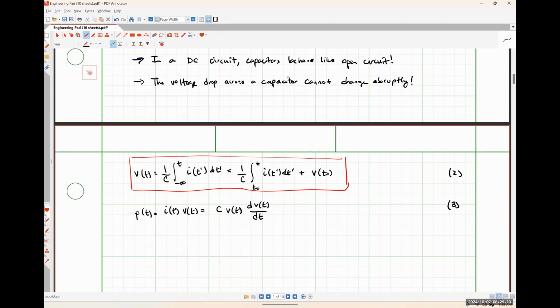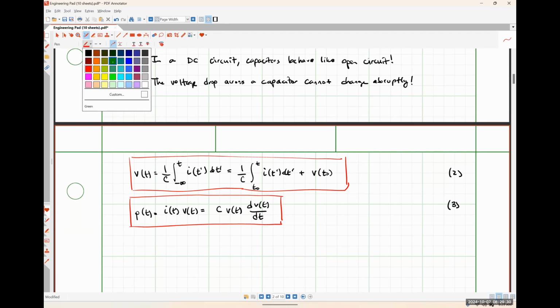So here's relationship number 3. And as I mentioned in class on Friday, 95+% of the time, I wind up just doing I times V. But every now and then, the C, V, dV by dt works a little bit better. Pretty rare. Okay.